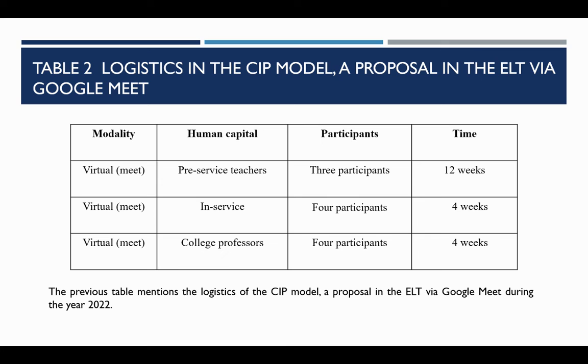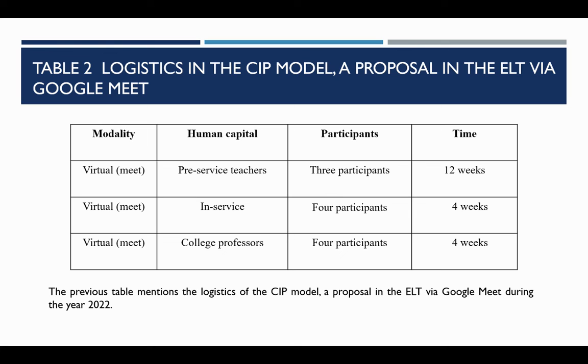Everything is going to take place using the Google Meet option. For the human capital, at the bottom we have the pre-service English teachers, and for this first starting point there will be three participants. They will have a time of 12 weeks teaching the English language, that makes it 3 months.